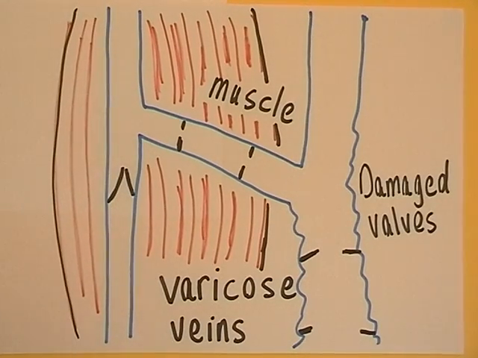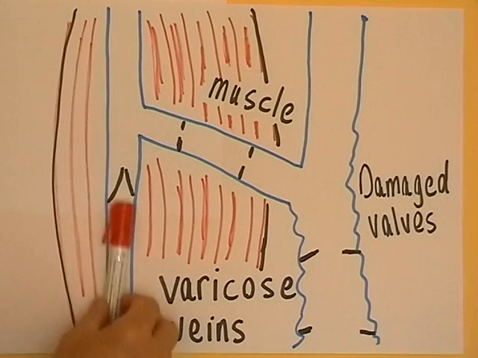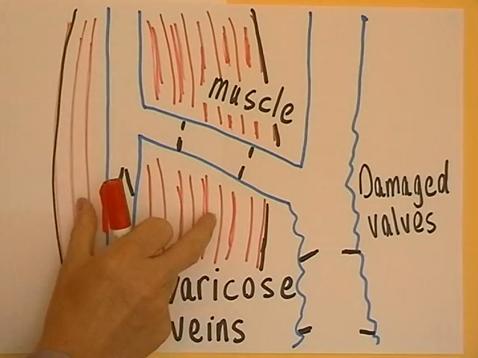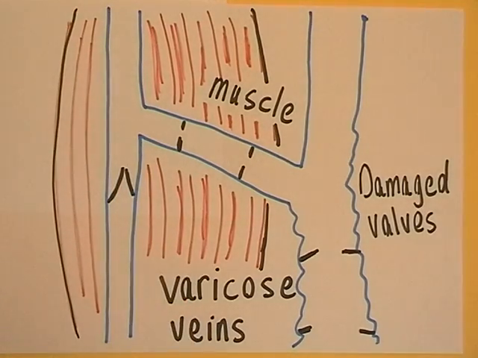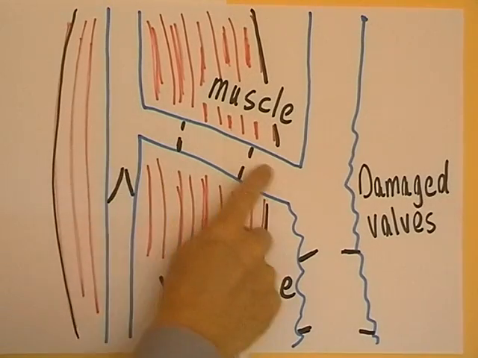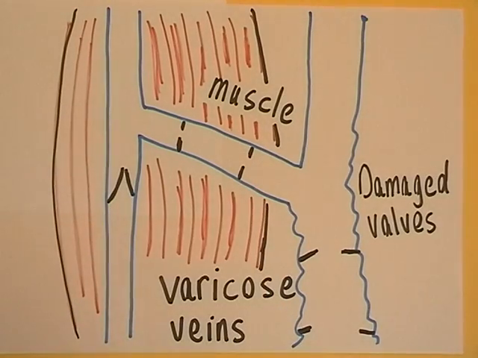Now it's interesting to note what can happen if there is a failure of the functioning of these valves. So here as before we have the deep vein in the muscle, we have the perforating or communicator vein, and we have the superficial vein up and down here.